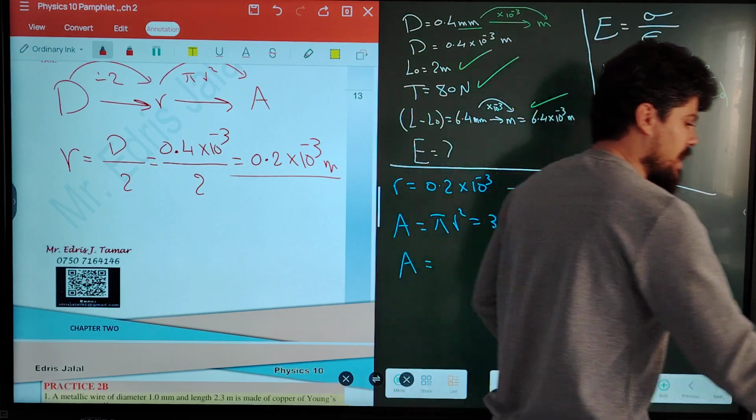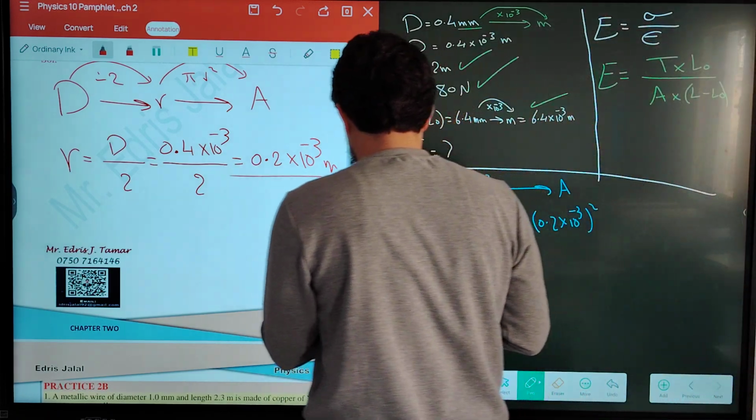Area is equal to what? By calculator, you can determine the amount of the area.